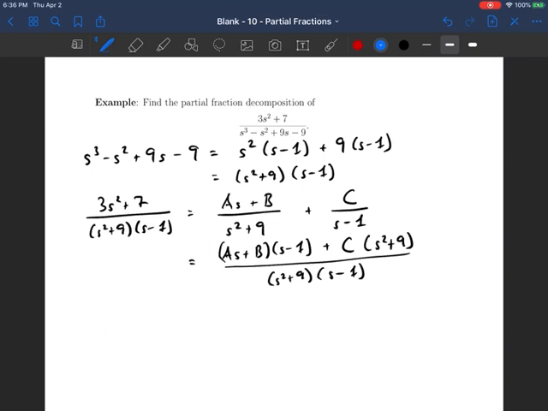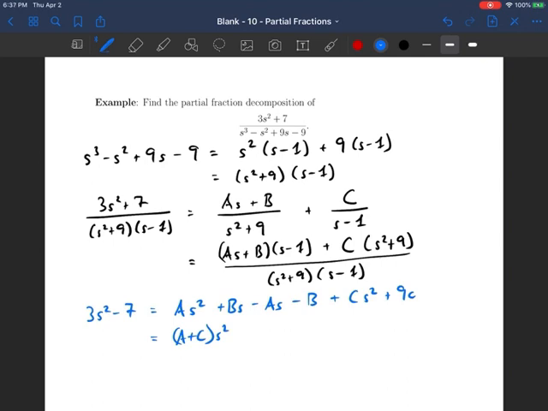At this stage, we can drop the denominators and just equate the numerators. So we get now 3s squared plus 7 is equal to, and let's see what we've got here, as squared plus bs minus as minus b plus cs squared plus 9c.